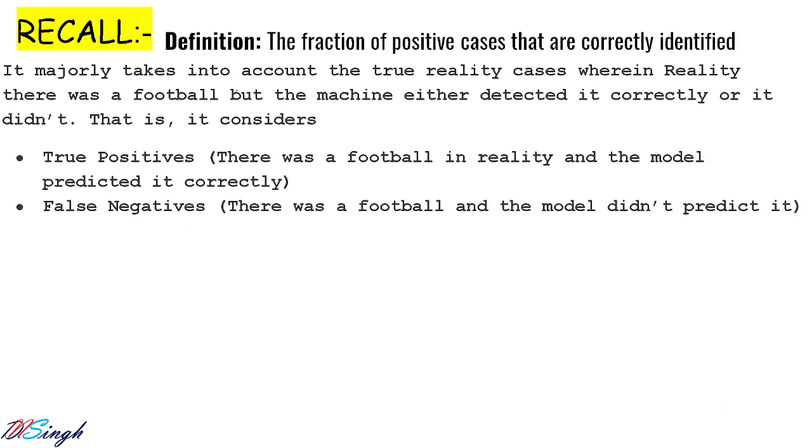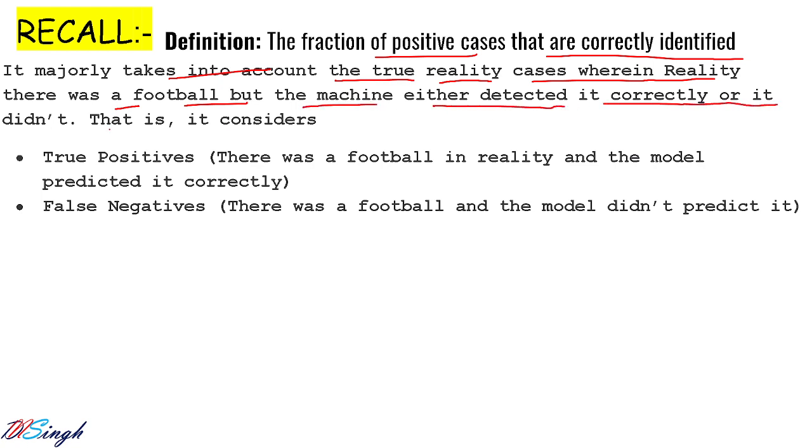Okay, so we need to go for some more parameters. There we see the recall. The fraction of positive cases that are correctly identified is called what? Recall. Recall takes into account the true reality cases, where in reality there was a football, and the machine either detected it correctly or it didn't. That is, it considers true positive cases, where there was a football in reality and the model predicts it correctly.